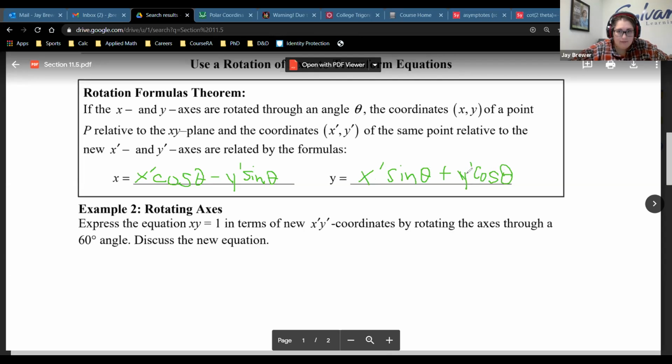So we not only have a switch up of the trig functions, but we also have a change: one is subtraction and the other is addition. And that is your rotation formula.